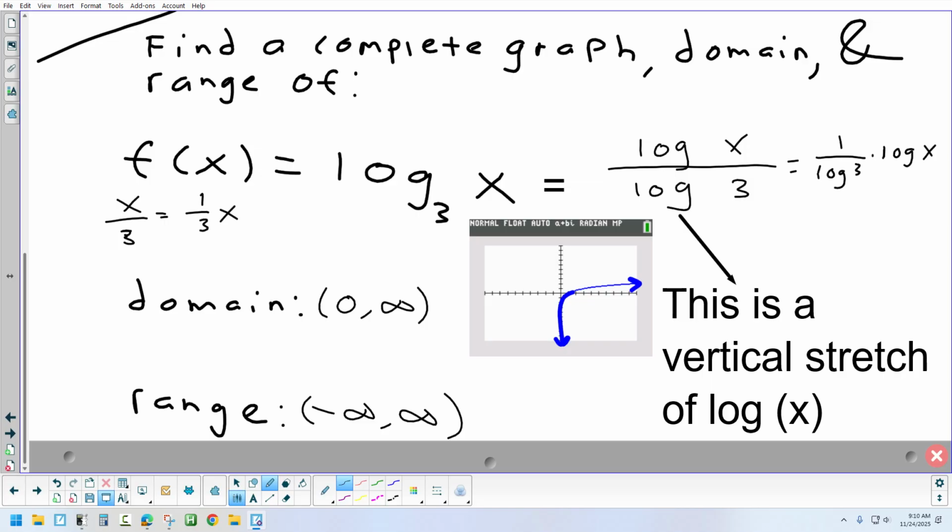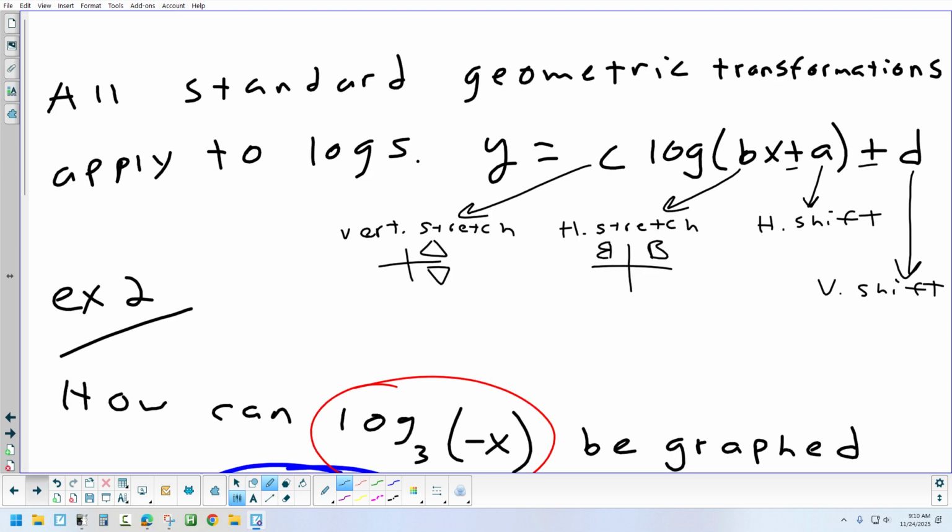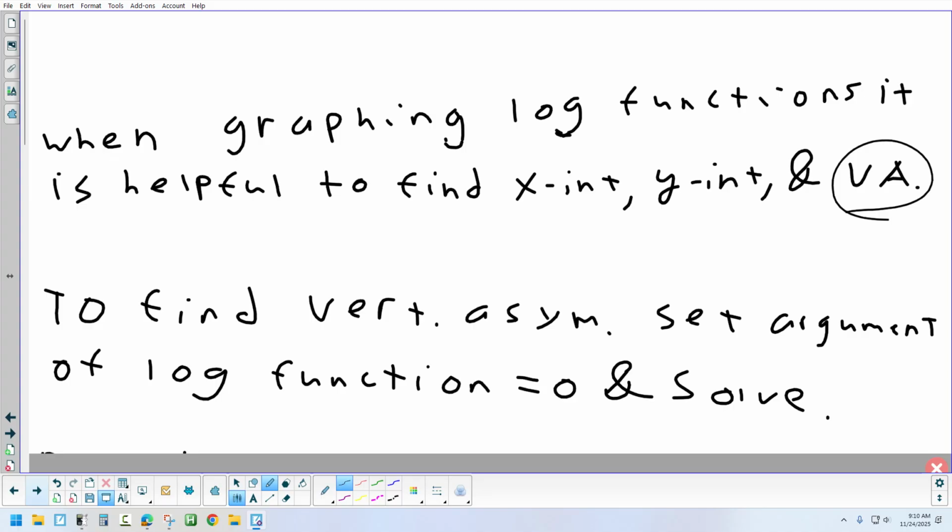If your vertical asymptote is the y-axis, then you'll never cross the y-axis. So when I suggest finding the y-intercept here, well, we can try, but if it doesn't work, then that's not helpful. Okay, but x-intercept, yep, vertical asymptote, always.